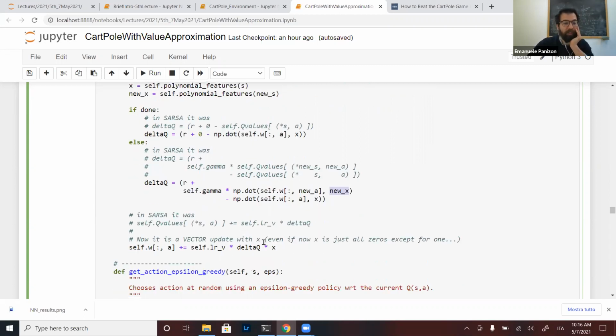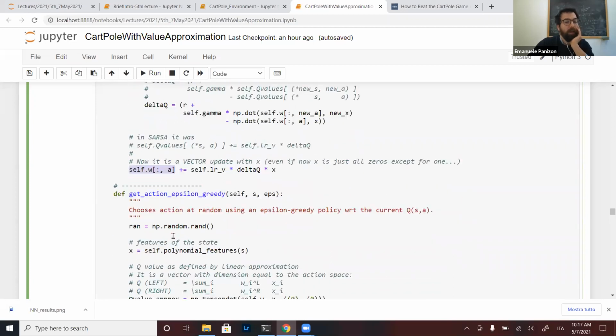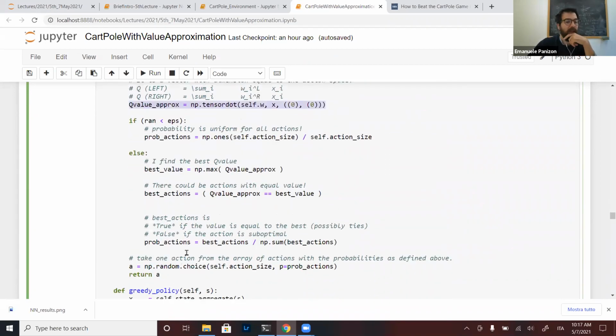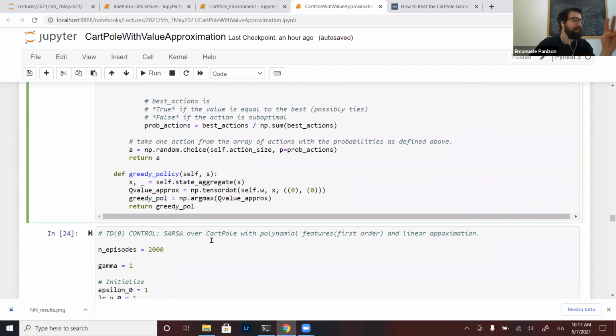Everything is the same as before. Right now it's not a single update, but I'm updating all the matrix of the weight vector with this. Depending on the feature vector, I'm updating the weights. The definition of getting the epsilon greedy action is the same because again, what I need to do is just select the feature vectors and then construct the approximation of the value and then everything else.